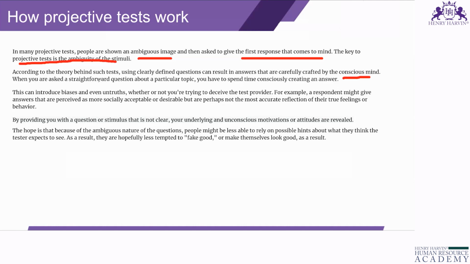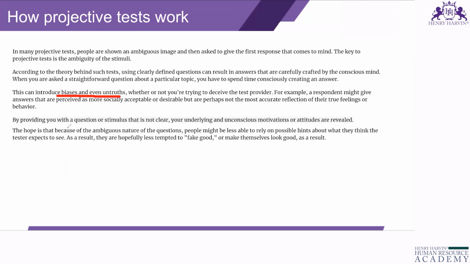Right? When you ask a straightforward question about a particular topic, you have to respond, you have to spend time consciously creating an answer, right? So if time is there, then the conscious mind will reply. This can introduce bias and even untruth, right?